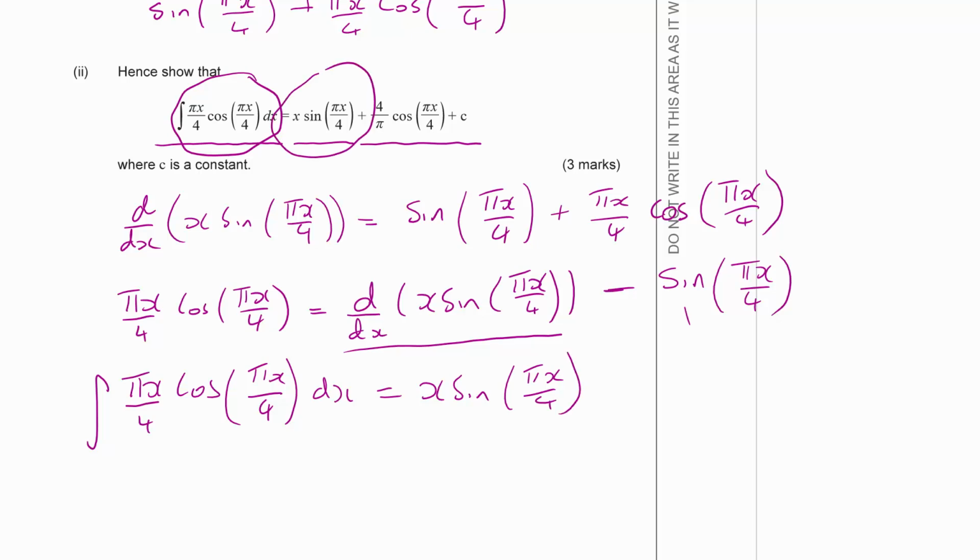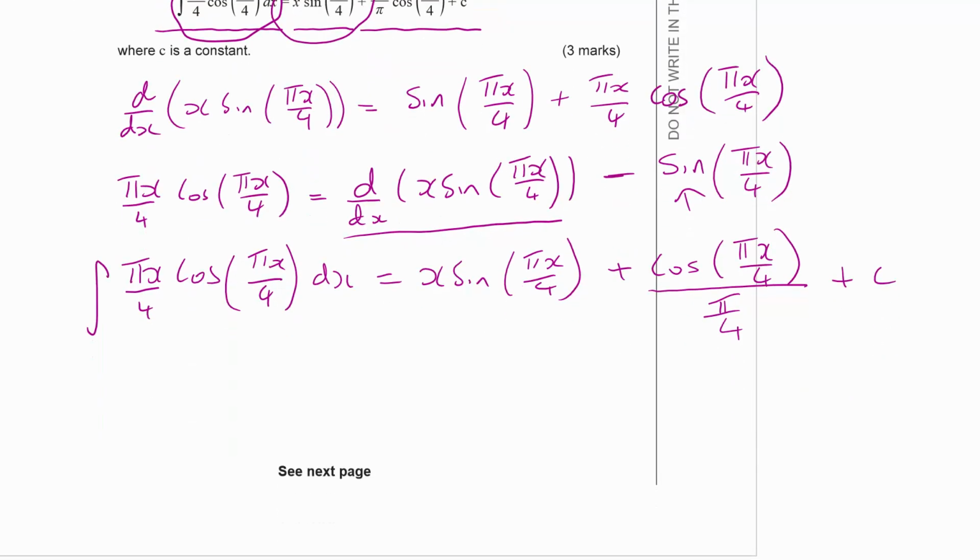And then if we integrate sine, we get negative cos, so that will become a plus cos pi x on 4 using reverse chain, divided by pi by 4. Don't forget to add a constant. And then that becomes x sine pi x over 4. Here we're dividing by a fraction, flip upside down and multiply, and we get 4 over pi cos pi x on 4 plus a constant.